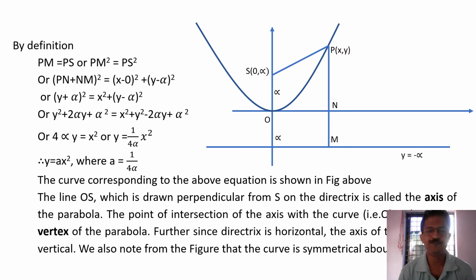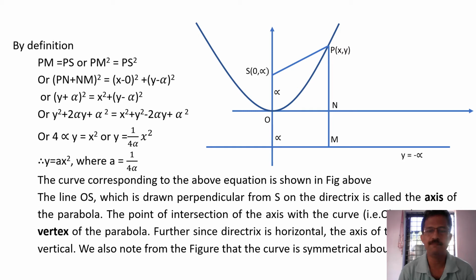So here the point of intersection of the parabola and the axis of the parabola is called the vertex.